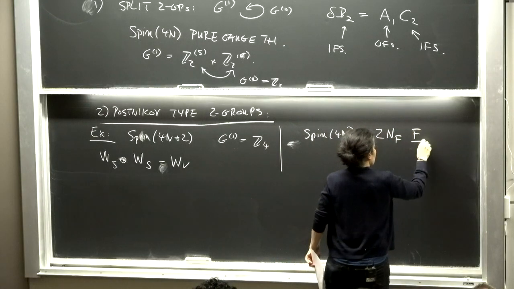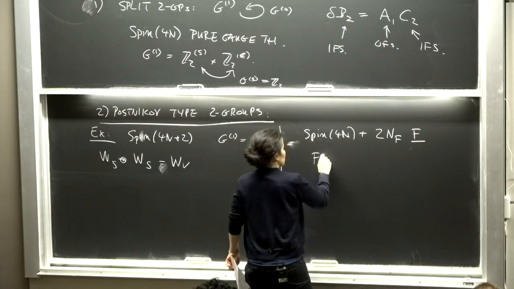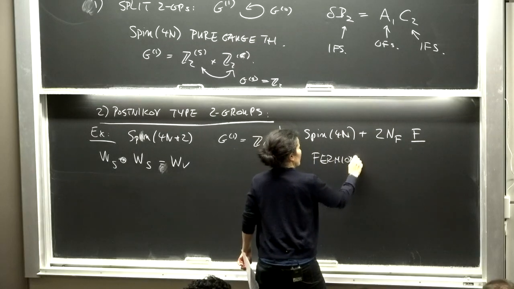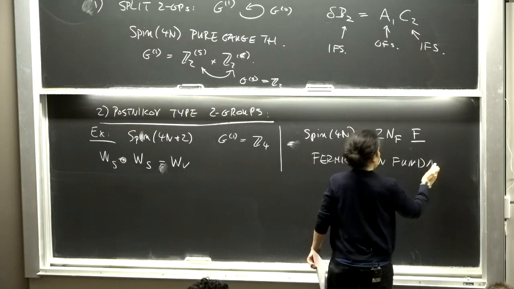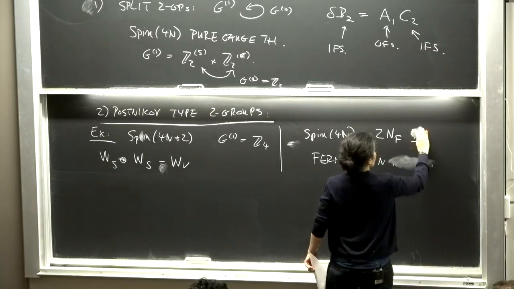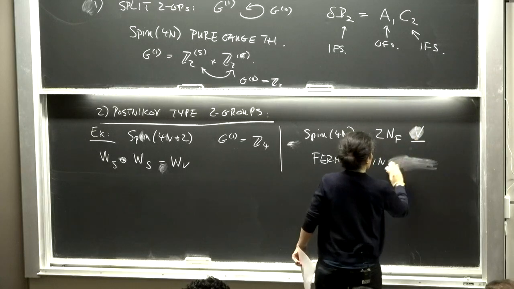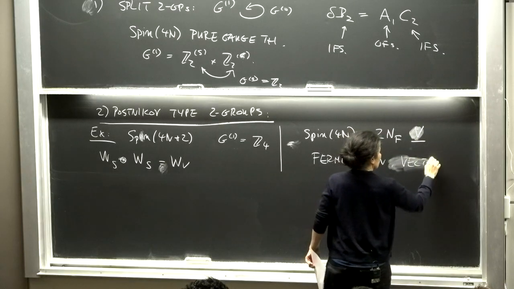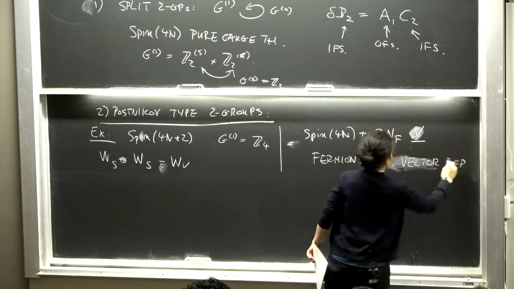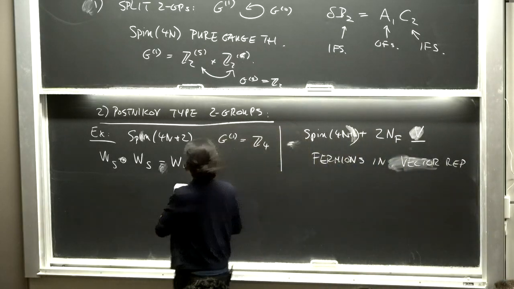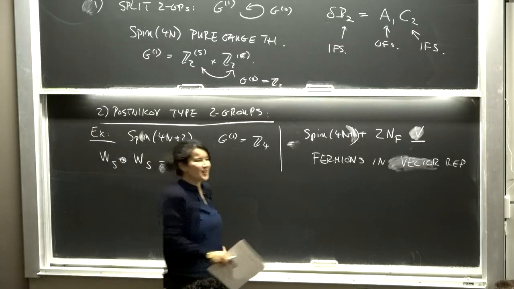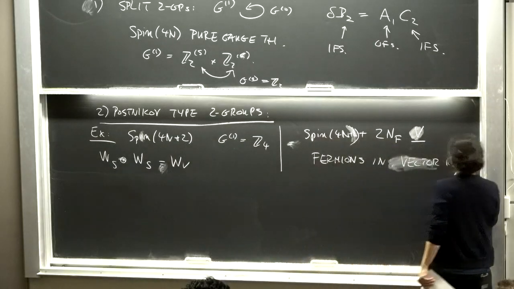So let's write it like this. So fermions in the vector, I should say here vector, in the vector rep. That's right, thank you. So you're counting credit, so that's definitely credit. So fermions in the vector representation.